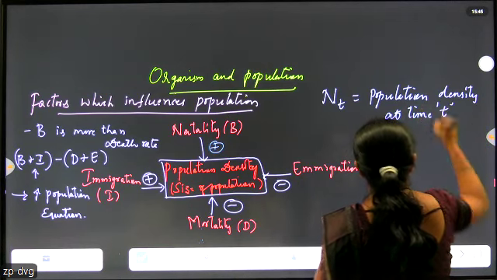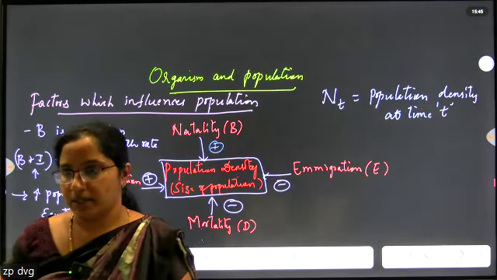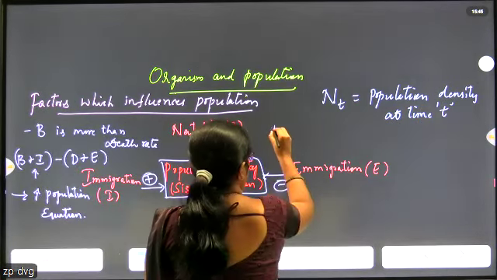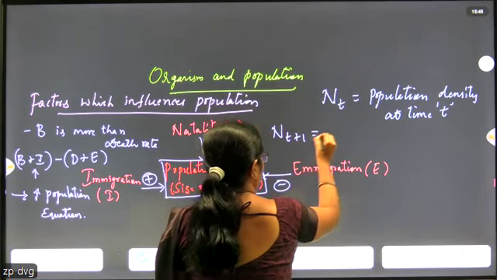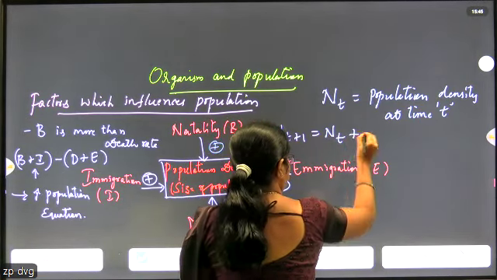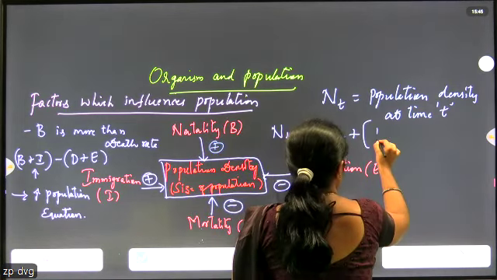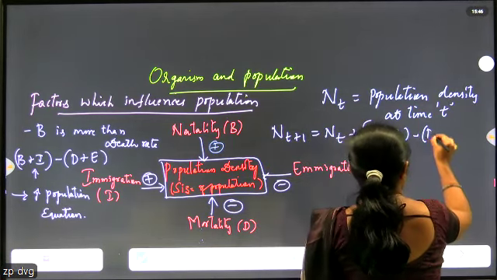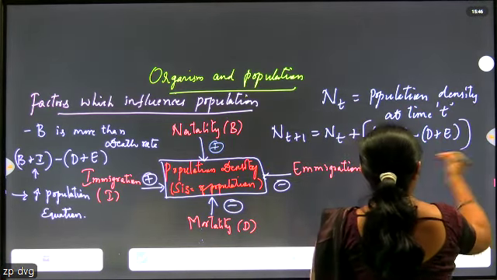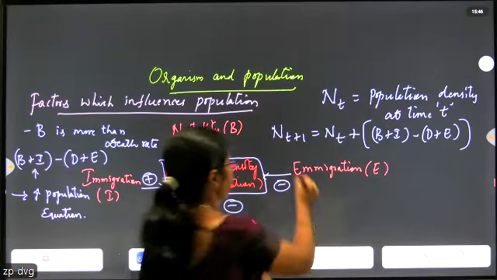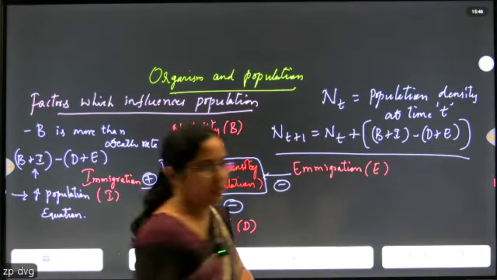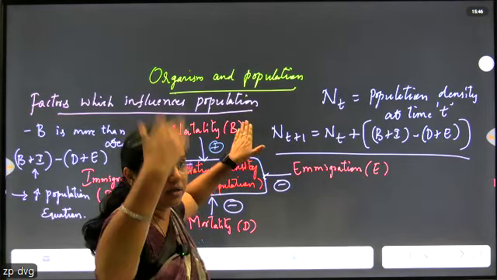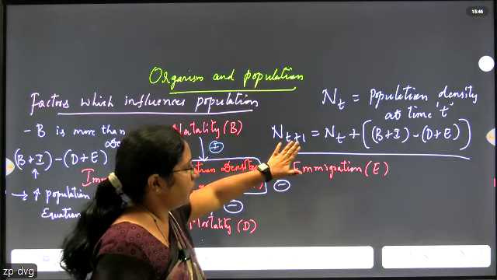So population density after some time, that is Nt plus 1, is equal to Nt plus B plus I minus D plus E. So this is the mathematical expression which explains the population density after time t, that is Nt plus 1.